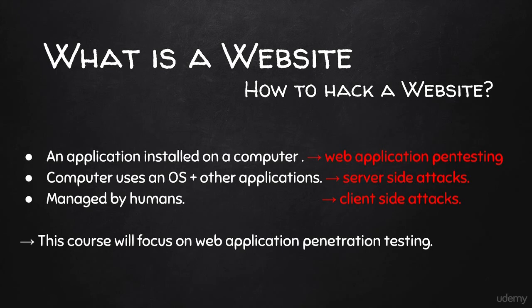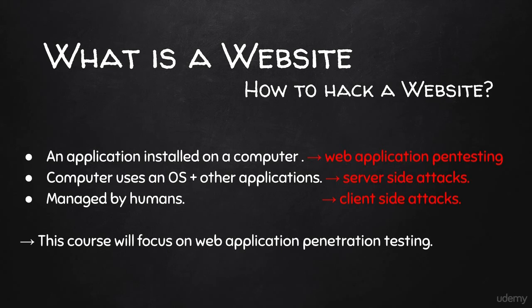So if you couldn't get in using the web applications, what if one of the programs installed on the computer itself has an exploit, has a buffer overflow or a remote execution exploit? What if the web server itself or the database program, the program that's running the database, had a remote root exploit that allows you to just gain access to the whole web server, including all the websites inside it? So this will be really cool if you could get it.